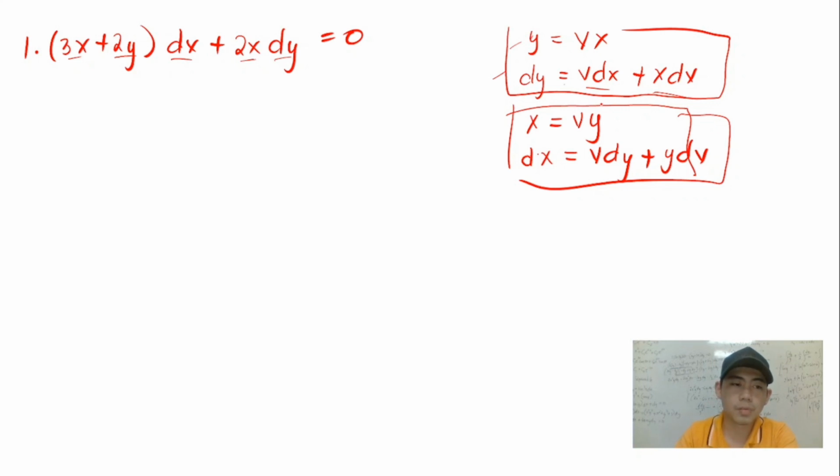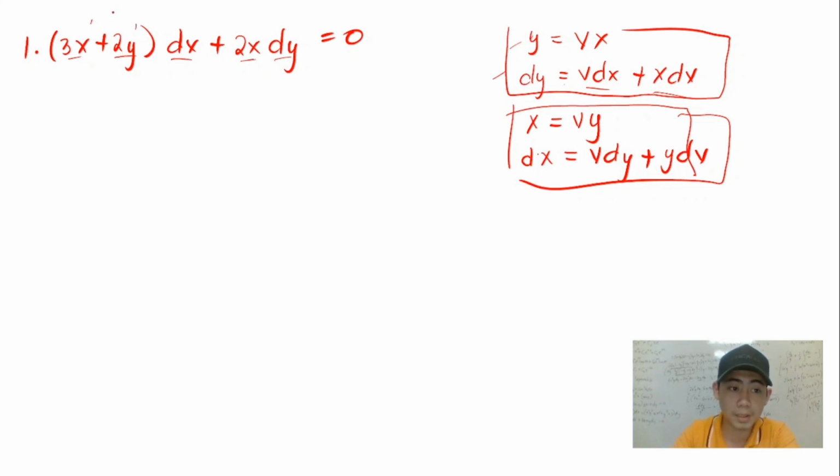Nga pala, sa homogeneous equation, nabanggit natin kanina na dapat same degree sila in order to consider na yung given relation is homogeneous equation. So, paano natin malalaman na same degree? So, for example, dito sa first term, which is (3x plus 2y) dx, ang degree is the highest exponent na makikita sa equation. So, ang exponent ni 3x is 1 and ang exponent ni 2y is 1.